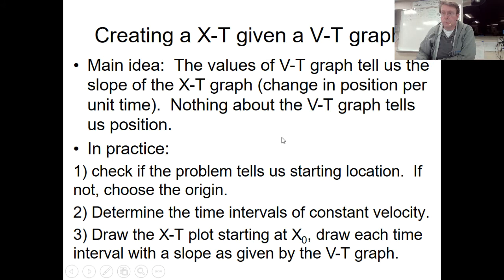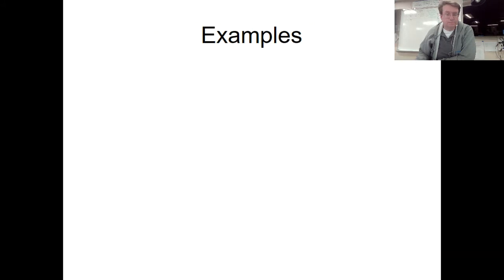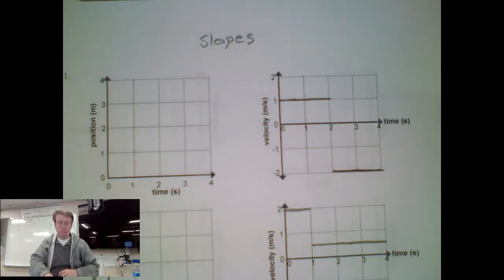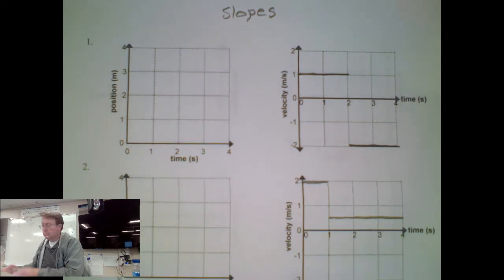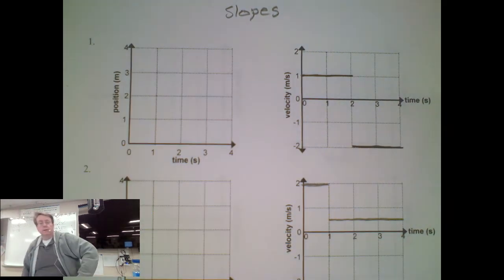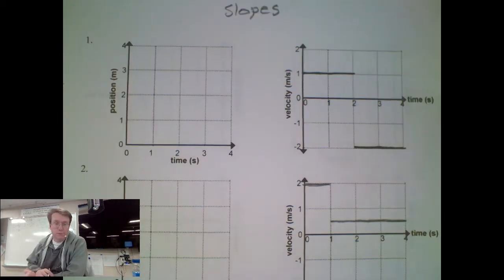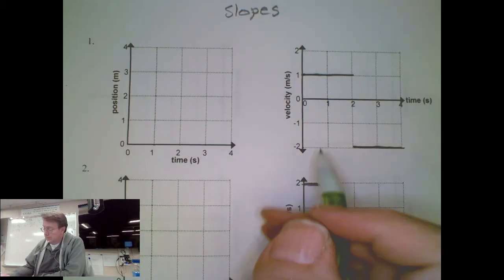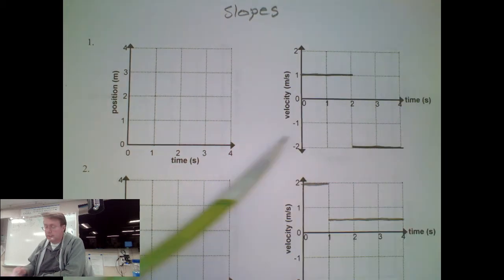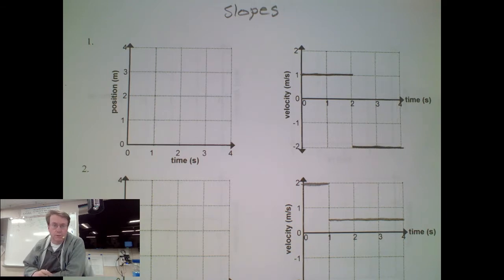Okay, so let's do some examples. On the right, we're given the velocity time graph, and on the left is a blank position versus time graph. There isn't any notation on the problem that tells us where we're supposed to start for a beginning position, so we can just pick whatever we want.